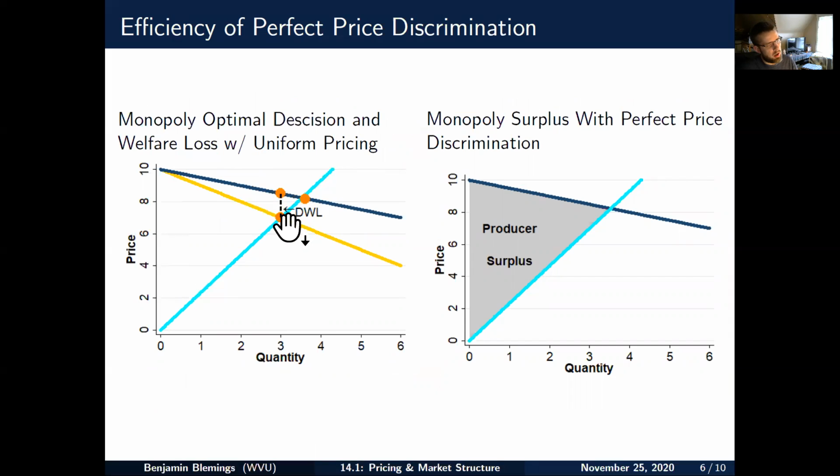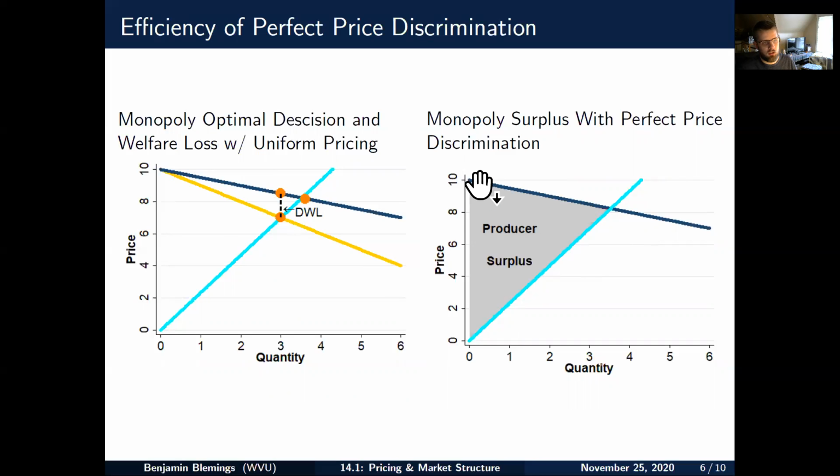Well, a way to get rid of that deadweight loss is to allow monopolies to perfectly price discriminate. Then there's no loss to society, but it comes at the cost of losing all this consumer surplus that was present when monopolies were only charging this orange dot.